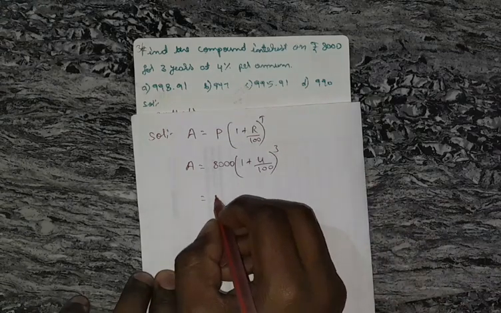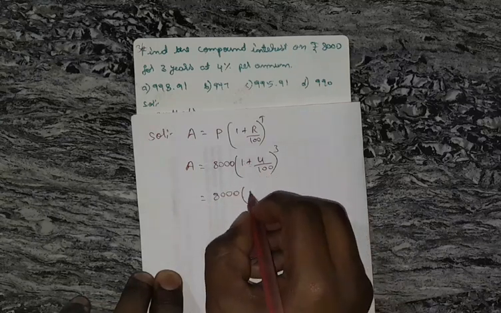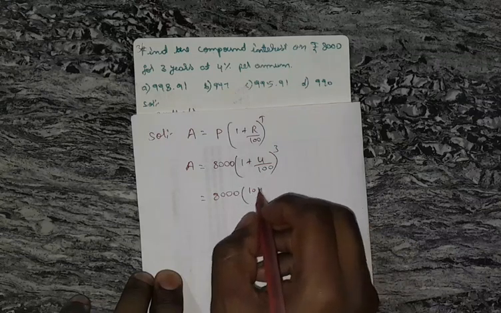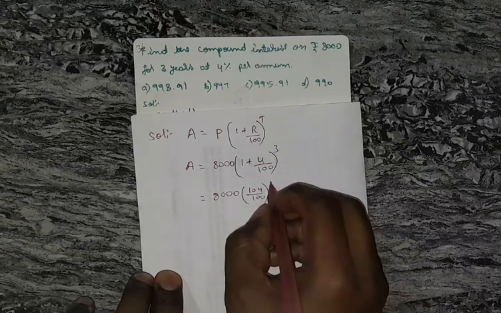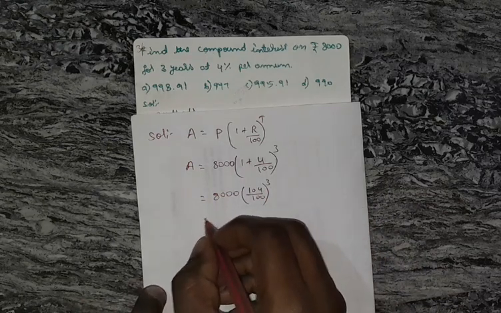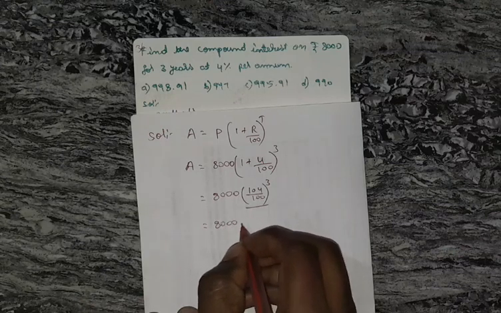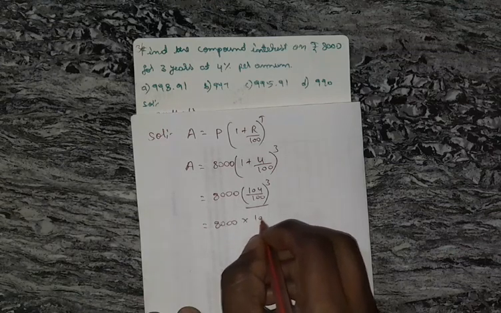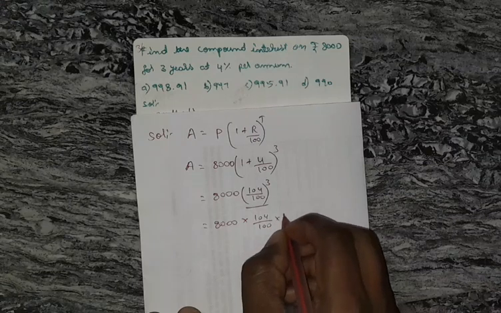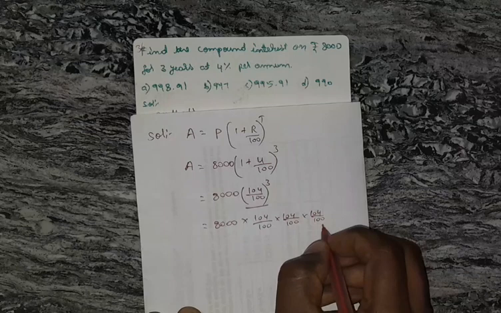Now I am writing 8,000 into, this is written as 104, that is by taking LCM, 104 to the power of 3. Now I am splitting this one. This is 8,000 into 104 divided by 100, 104 by 100, 104 by 100.